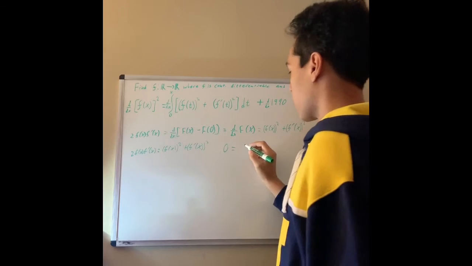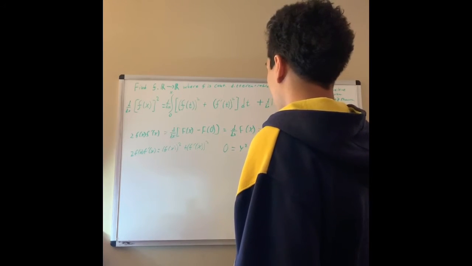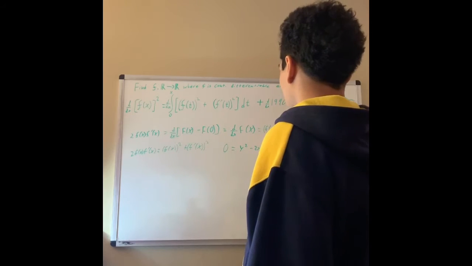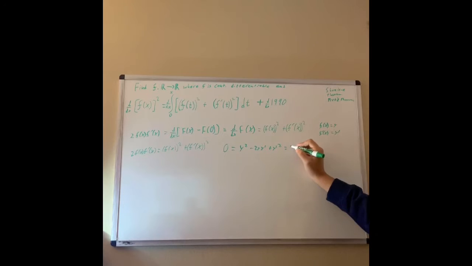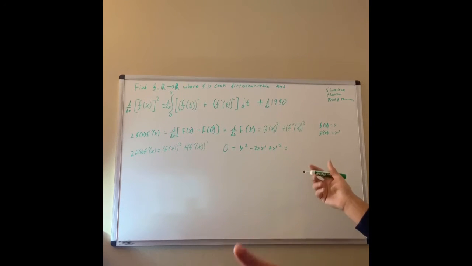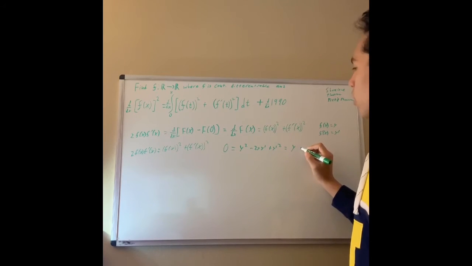So we're going to have 0 is equal to y squared minus 2yy' plus y' squared. So this is a quadratic. It's the difference of two squares, I think. I always forget the name. No, it's not.